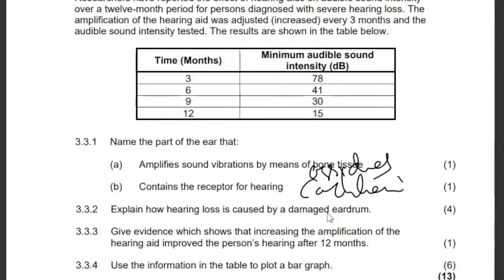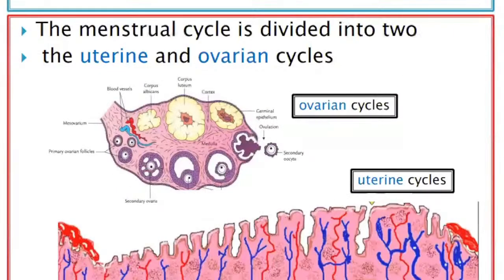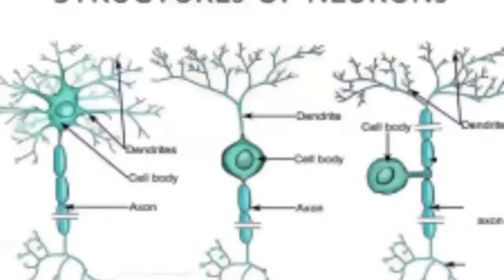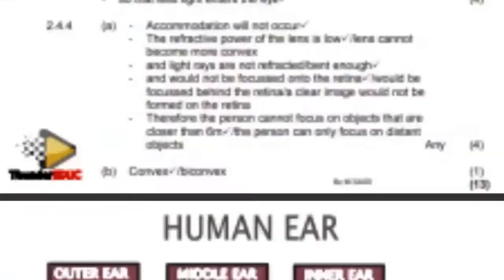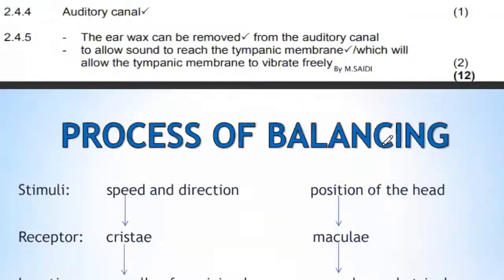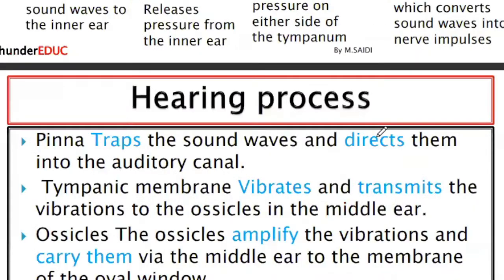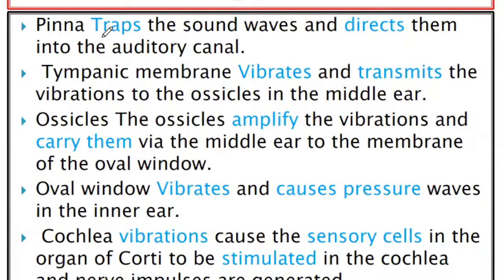So basically here, you need to explain that if the eardrum, the tympanic membrane, is damaged, what is next? They're asking you about the hearing process, but in a negative way. The pinna traps sound vibration and directs it into the ear.